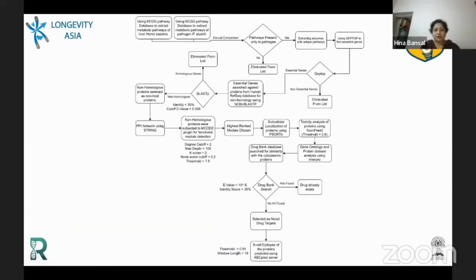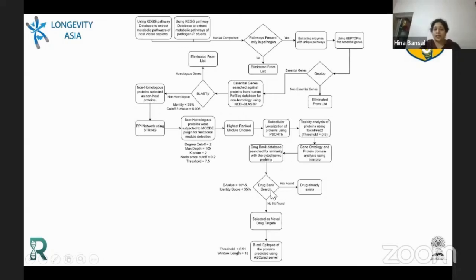The PPI network was constructed for all the non-homologous essential proteins, and MCODE analysis was conducted to find the hub genes, the cluster genes that are mostly related and have the highest rank in the highest cluster module. Then subcellular localization was identified, followed by the toxicity analysis. Then gene ontology analysis was performed, and finally the druggability testing was performed.